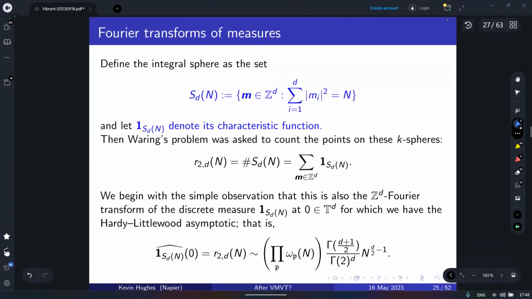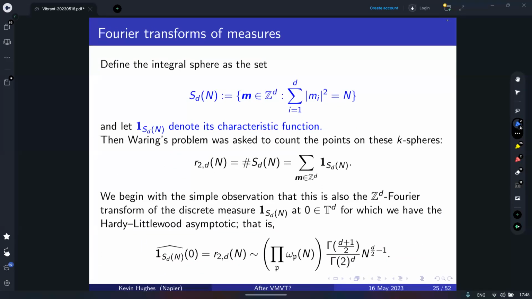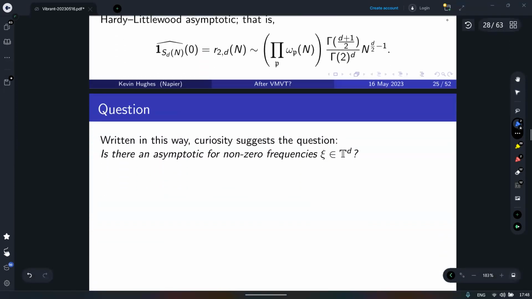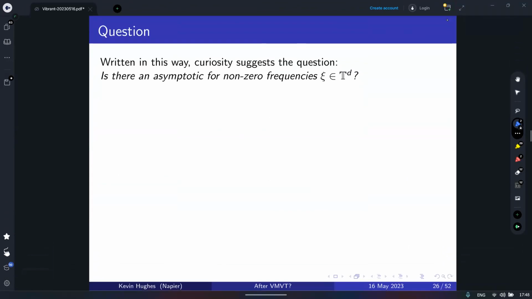That is the Fourier transform of this set, or of the function that defines this set, and vice versa. Waring's problem has to count the number of points on this. From my point of view, of trying to understand the Fourier transform of the indicator function of this set, that's just the zeroth harmonic, counting the number of points. The way you get at these other problems is you give an asymptotic, or a way to understand what happens at non-zero frequencies.